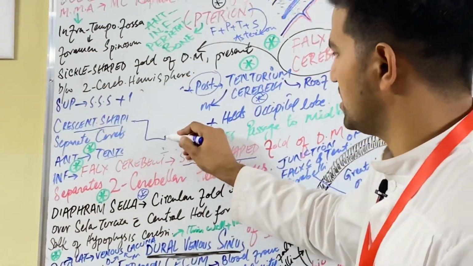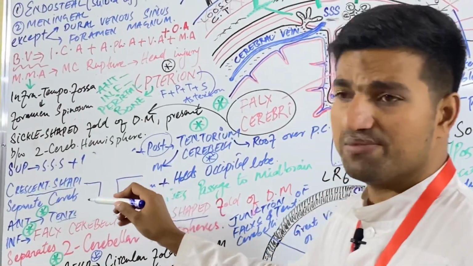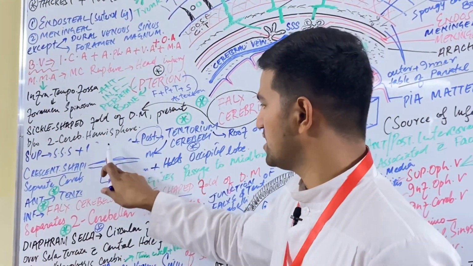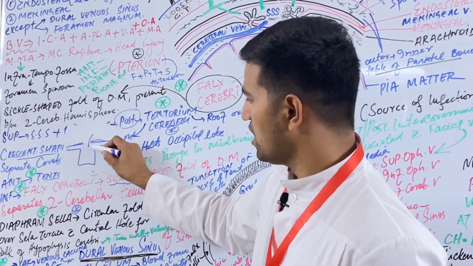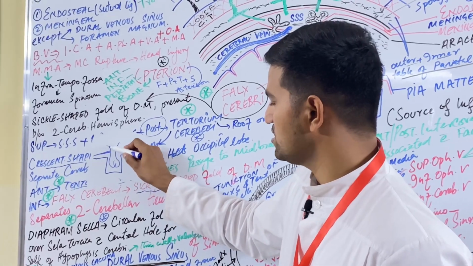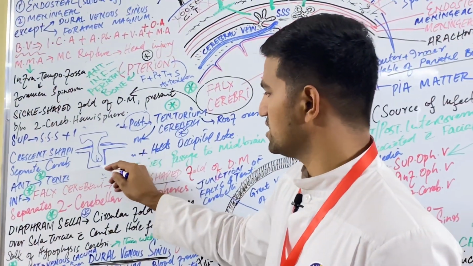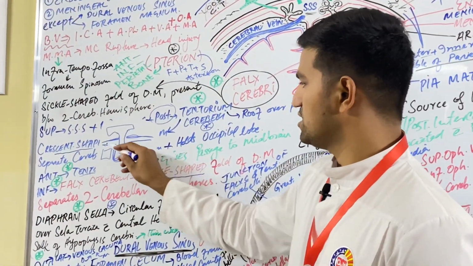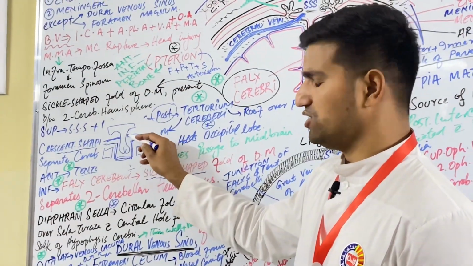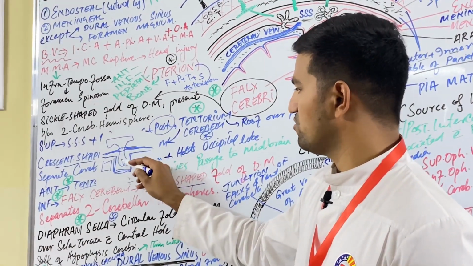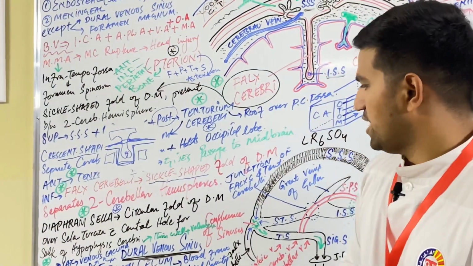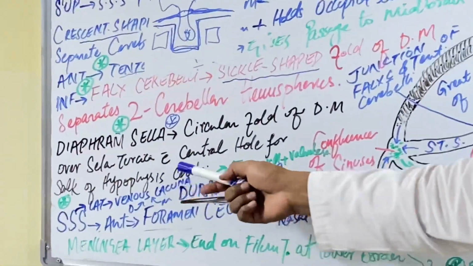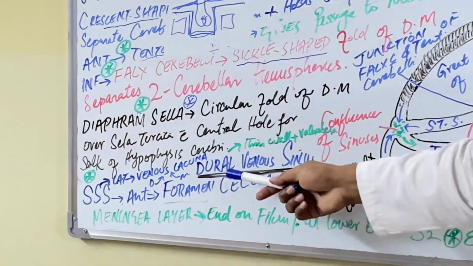Suppose this is the sella turcica, and here we have the diaphragma sellae, a circular fold of dura mater with a central hole for the stalk of the hypophysis cerebri. Here we have the cavernous sinuses, which we will discuss later. Then we will talk about the dural venous sinuses.